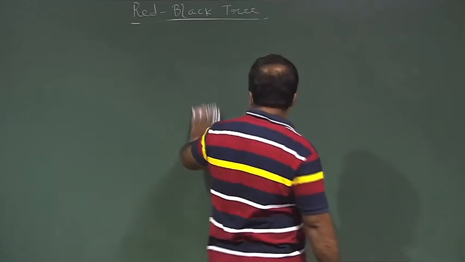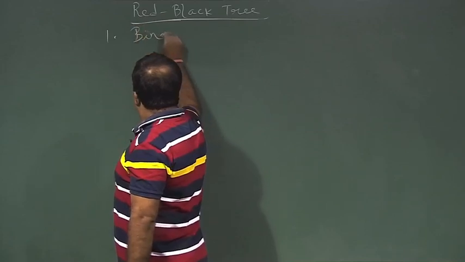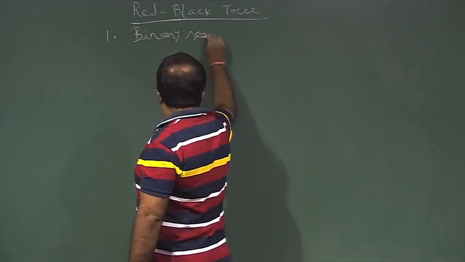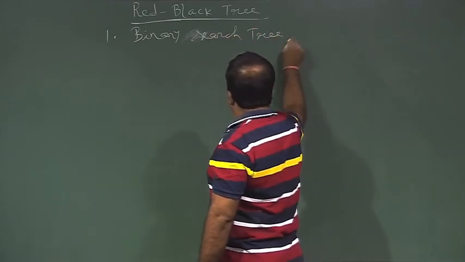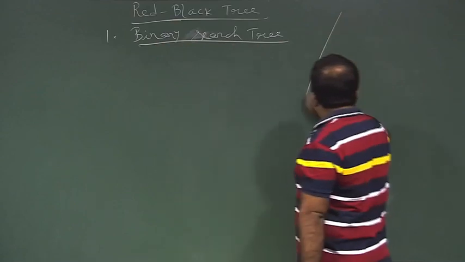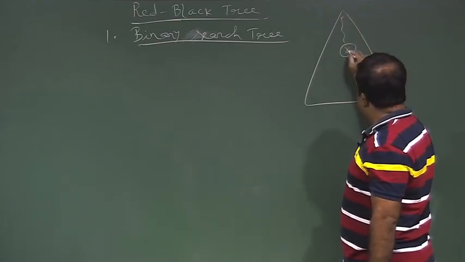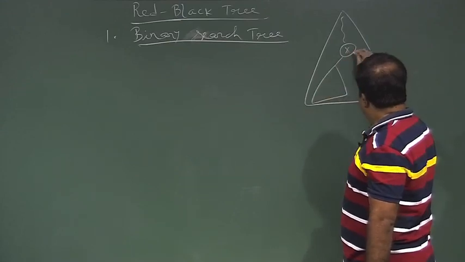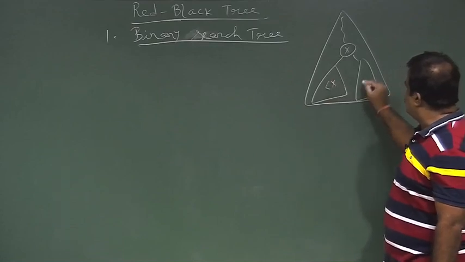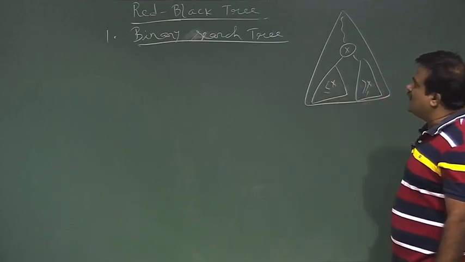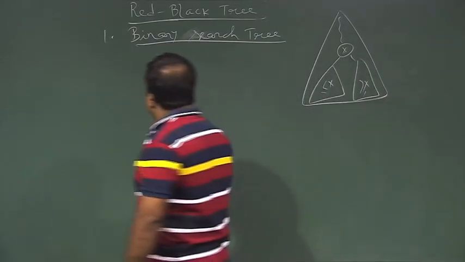First of all, it is a binary search tree, which means we have that property: if you take any node x in the tree, all the left subtree has values less than x, and all the right subtree has values greater than x. This is the binary search tree property.